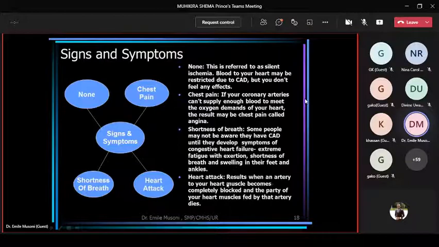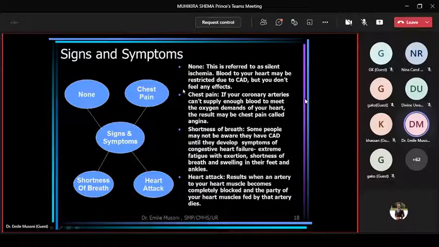A heart attack is when an artery to your heart muscle becomes completely blocked, and the part of your heart muscle fed by the artery dies, meaning that once the coronary artery is blocked, there will be no blood in the heart tissue. Consequently, there will be death.